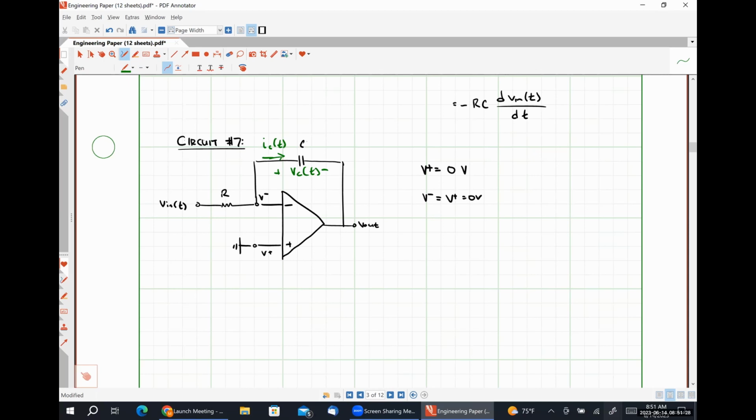So applying Kirchhoff's current law here, I'm going to have this current flowing in will be equal to the current flowing out of the node, with the understanding that this is 0 amps. So from here, we can see that we would have (Vn − V−)/R equal to IC.